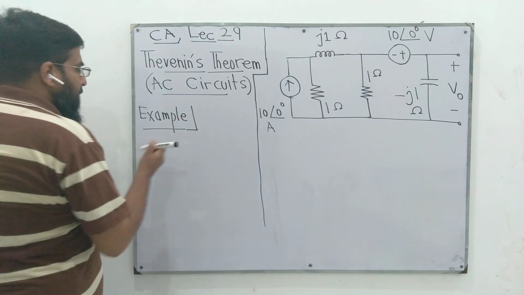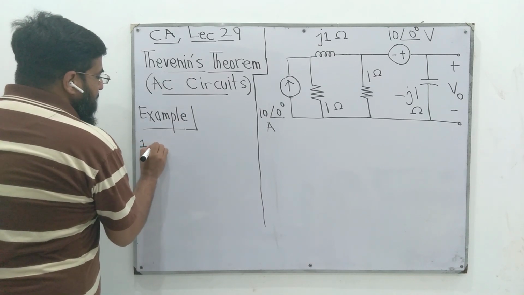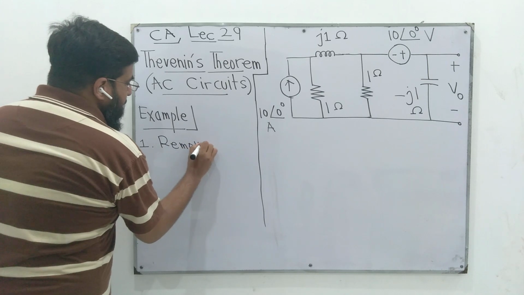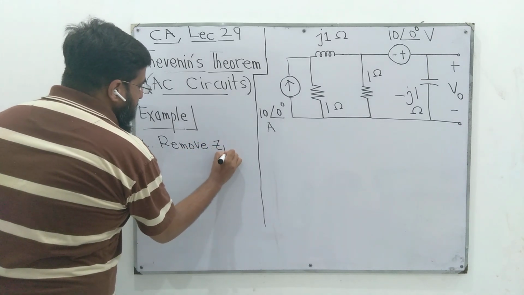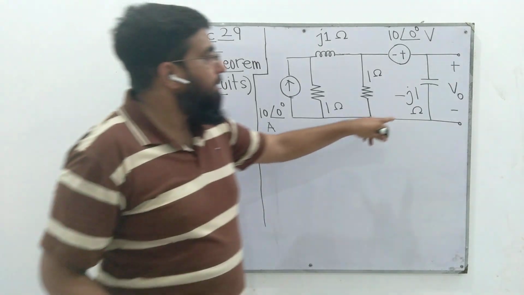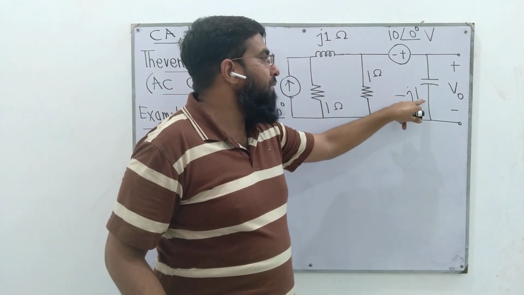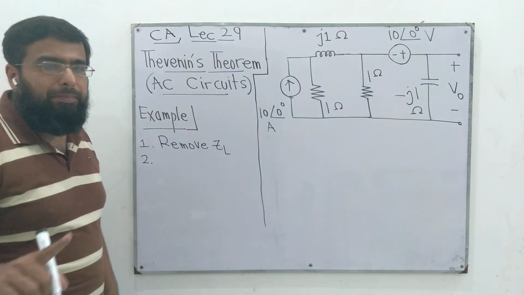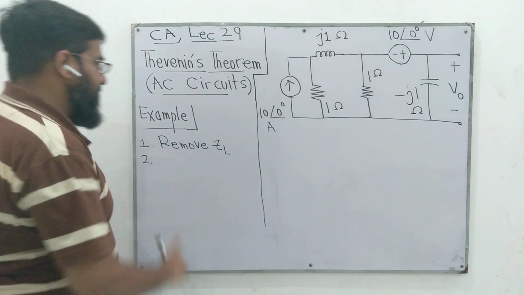The steps are already known to us. Number one step is that we have to remove ZL, the load impedance. Here we have this minus J1 ohm as load impedance CL. So in first step we'll remove it.